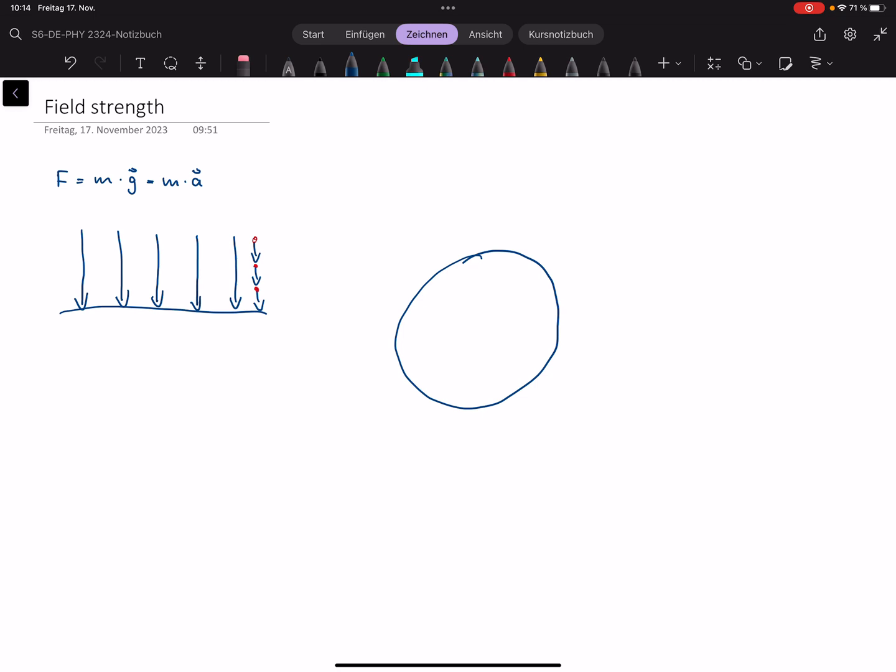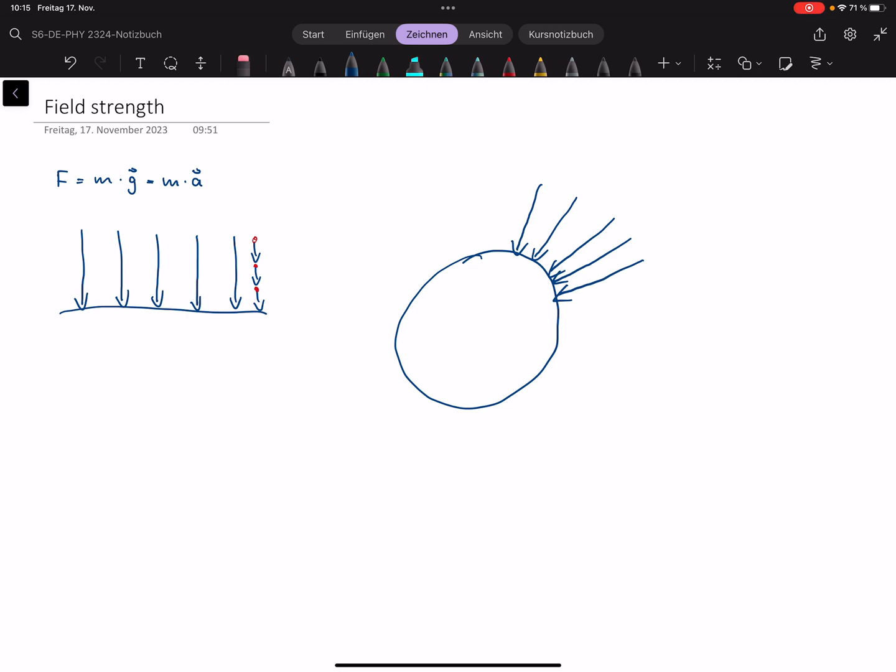We have the field vectors still perpendicular to the surface. However, since we know that the Earth is a sphere, at the end we get a different picture.